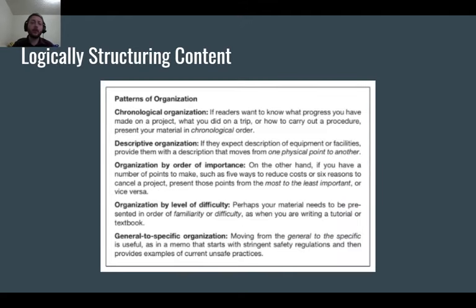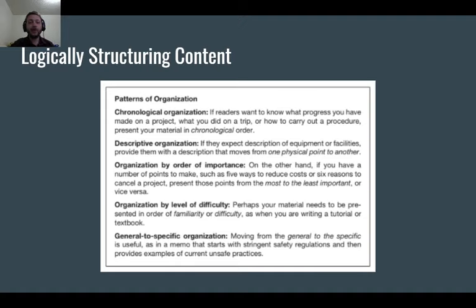Next, logically structuring content. So depending on the type of document you're writing and who you're writing it to, there are different ways you want to structure a technical document. Okay, the first one that makes a lot of sense is chronological organization, meaning by time, right? The prefix chrono means time. If you ever played the game Chrono Trigger, for instance.